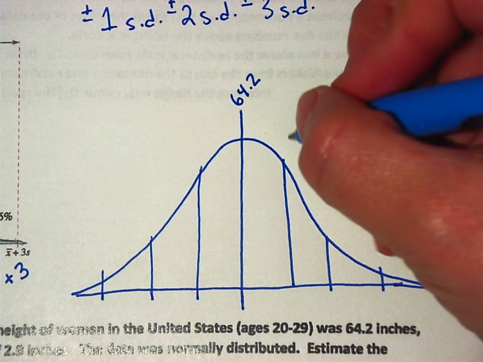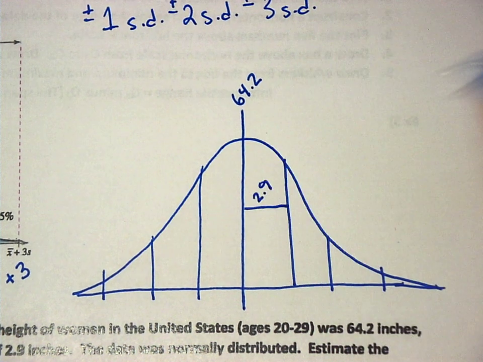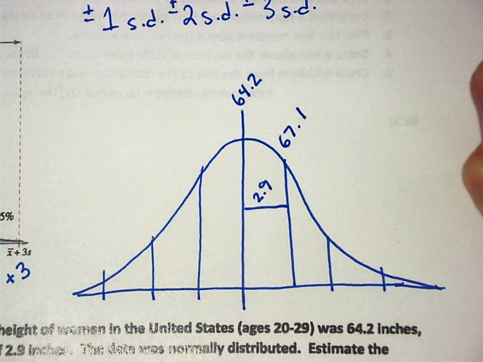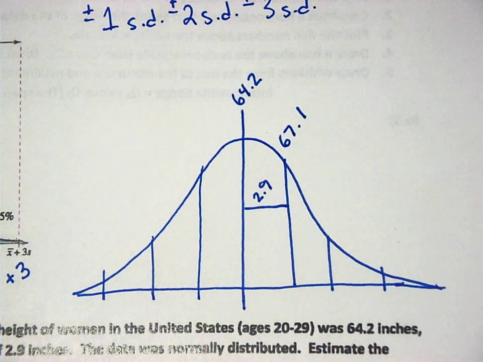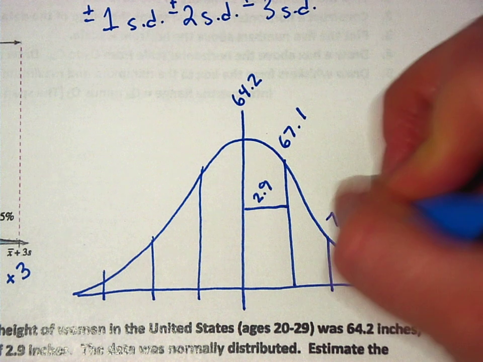So the standard deviation is 2.9. If you add 2.9 to it, you get 67.1 inches are the women who are 1 standard deviation above the mean. Add another 2.9, and you're up to 70 inches.